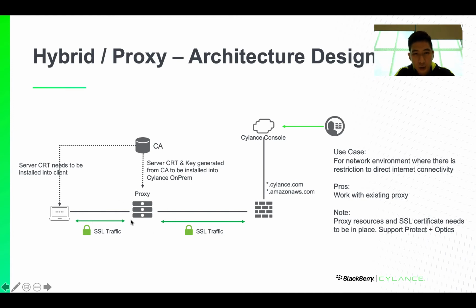Now, if the organization already has an existing web proxy in place, there's no requirement to install or implement the Cylance Hybrid. Okay, the Cylance Hybrid is also known as a kind of lightweight proxy.